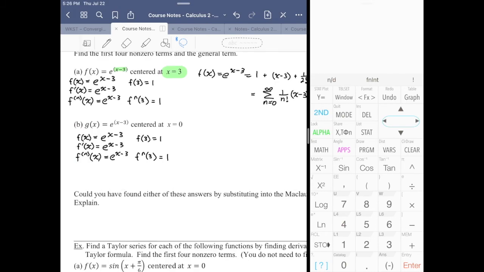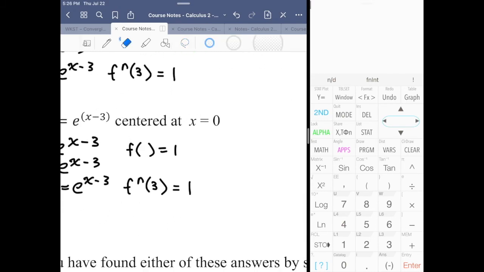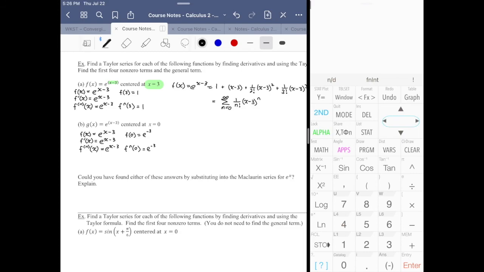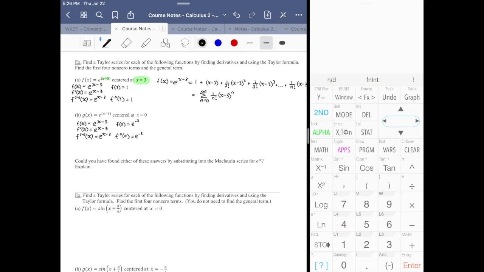The derivative of e to the x minus 3 is still e to the x minus 3. When I center it around 0, it doesn't give you a 1 anymore. It gives you an e to the negative 3. So you just think about what would happen here. It's going to change all our numerators, but it's not going to change anything else.